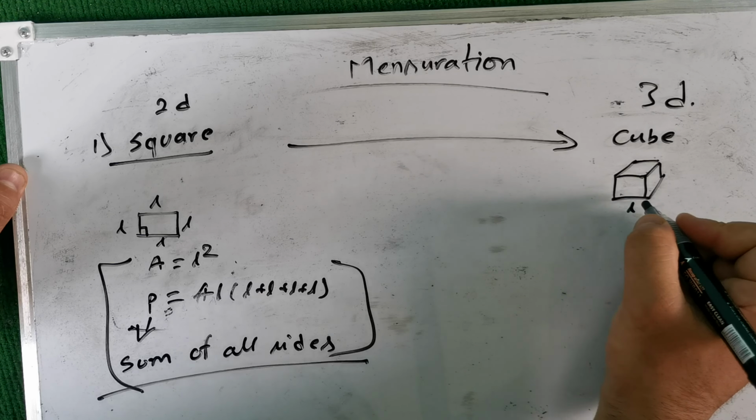Like a square, here all sides are equal. Volume is L cube.